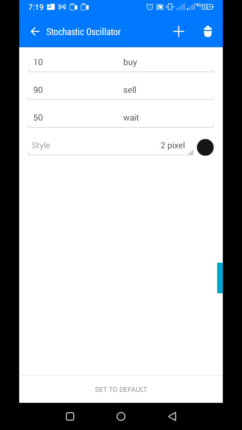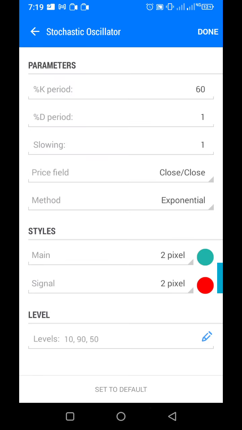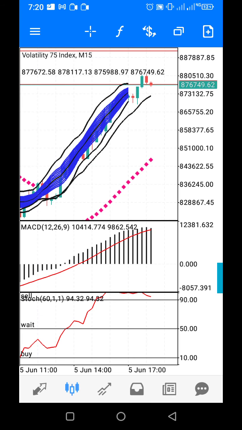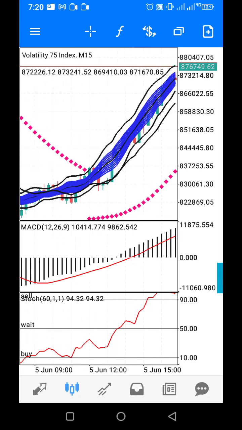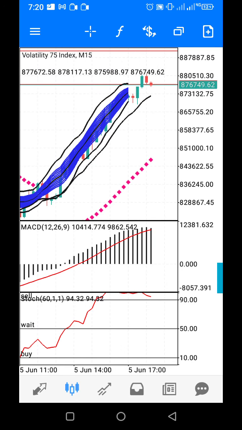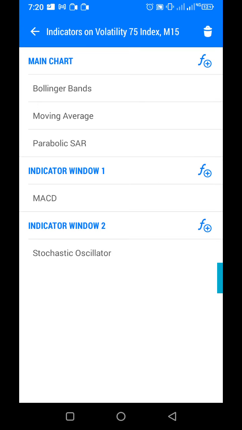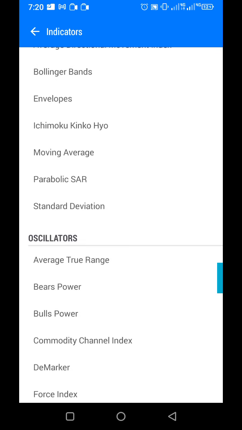So, done. No, I prefer my MACD up. I prefer my stochastic oscillator up. And my parabolic SAR.